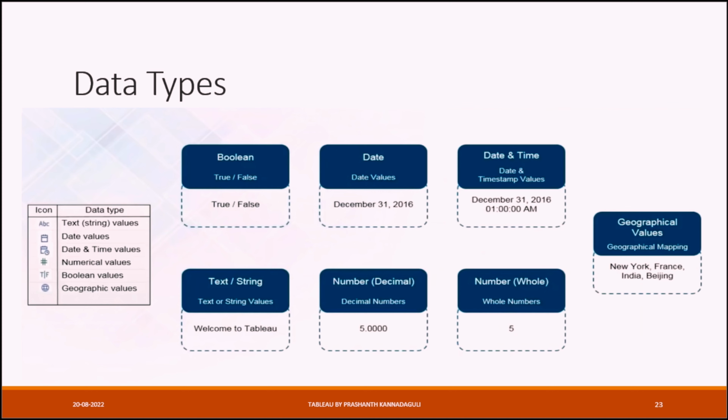Let me give an example. Let's say I have an Excel file with many sheets, say three different sheets. One of the sheets contains only text, which means near the name of that particular sheet, you will see something like this.